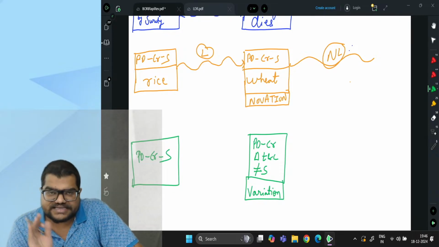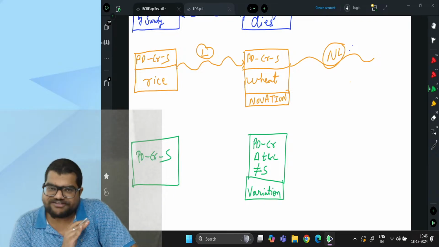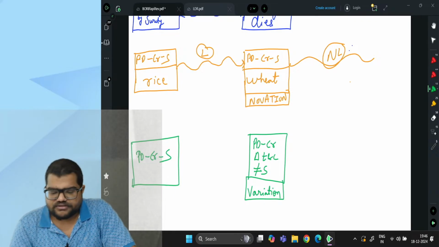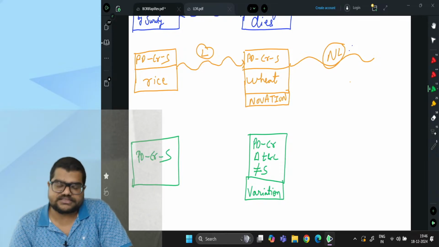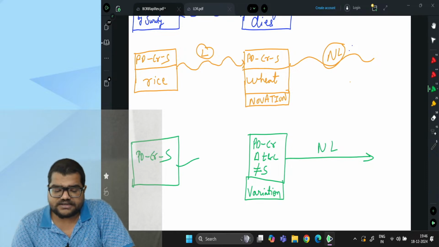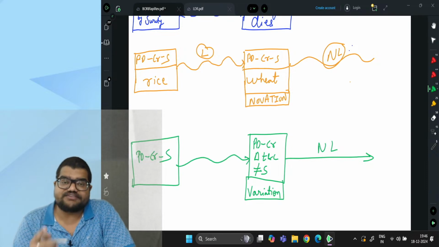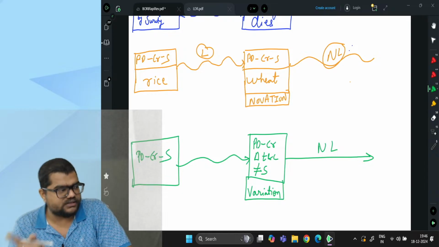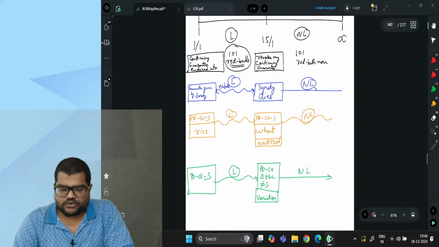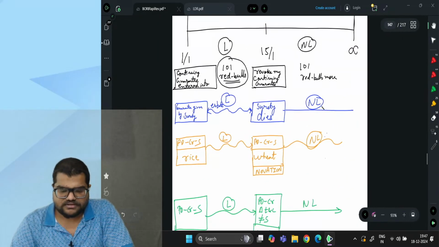The lawmaker says the surety will be discharged, but from the day of variance. Means from here he will not be liable, but before the variance took place, the surety will be liable.